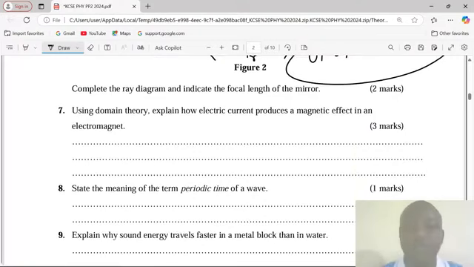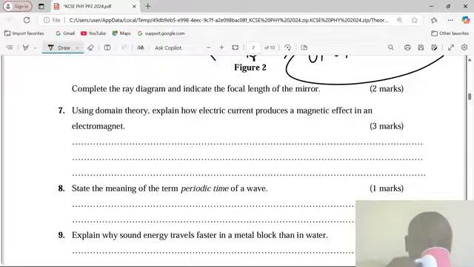Number 7. Using domain theory, explain how electric current produces a magnetic effect in an electromagnet. Remember that an electromagnet is a magnet which has been created in a conductor which is carrying current. When current passes through a conductor, magnetism is induced. Something that you're supposed to know is that a conductor is just a magnetic material whereby the dipoles are misaligned.